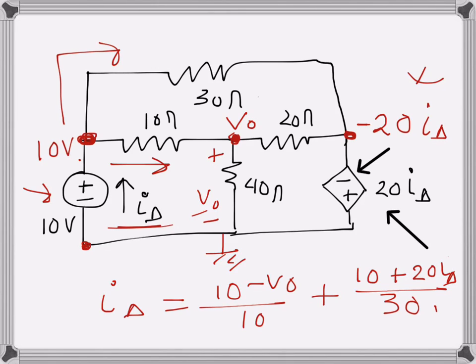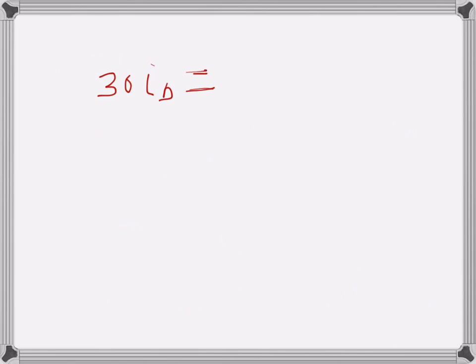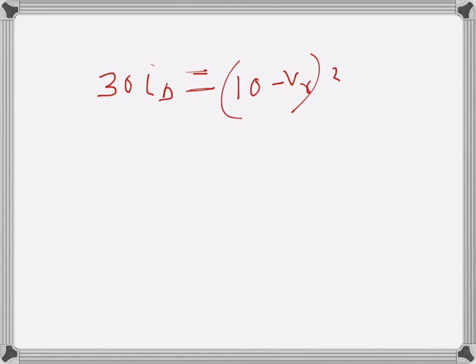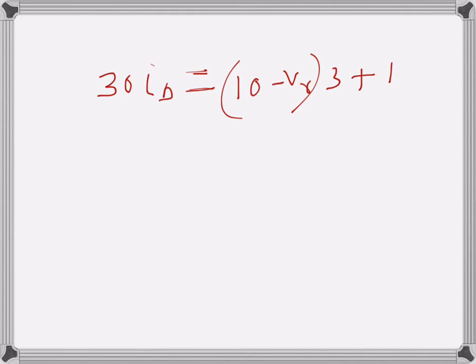So I will multiply both sides by 30, so that will become 30 I delta is equal to 10 minus V naught multiplied by 3, plus just that one, so 10 plus 20 I delta.